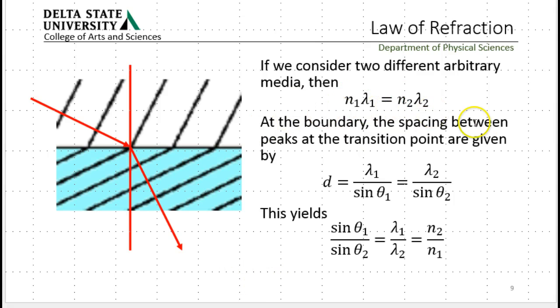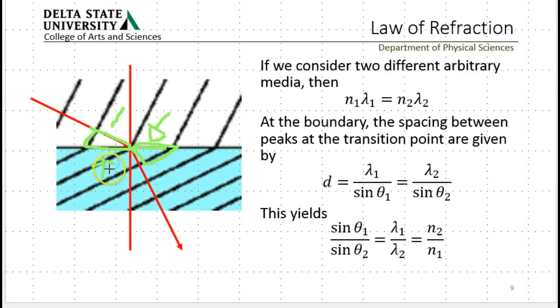If we look at the boundary, the space between the peaks at the transition point, right? So let's look here. We've got this triangle right here, and then there's this triangle down here.